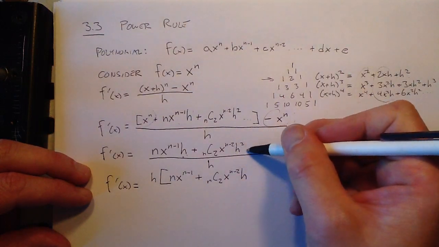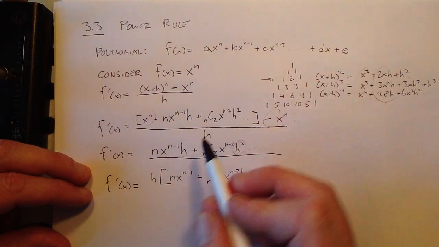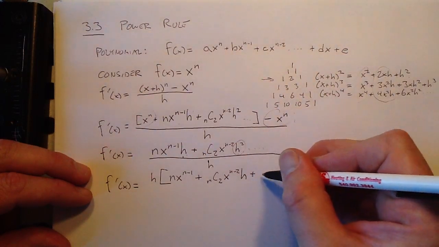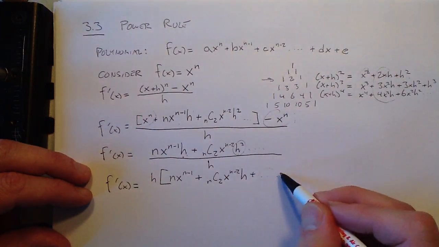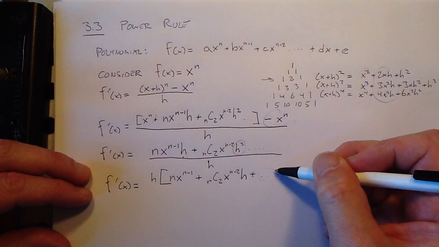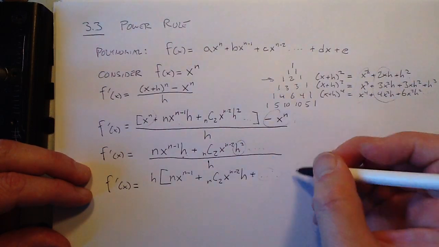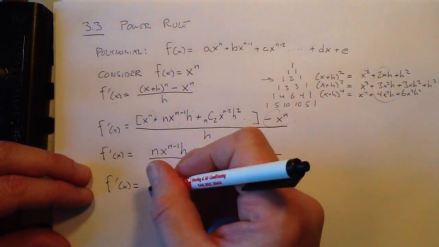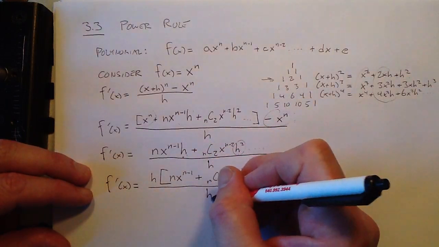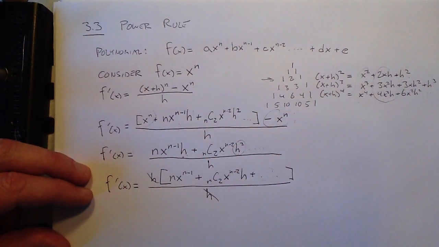There's one h left here, right? That was squared, so one of them came out. And then notice in our dot, dot, dot that there's going to be terms that still have h's in them, right? An h squared, h cubed, just one less h than they had above. That's all over h. So you can cancel out the h's.